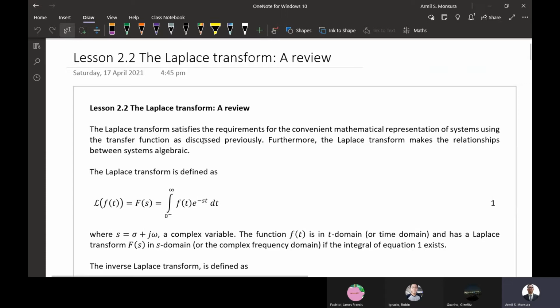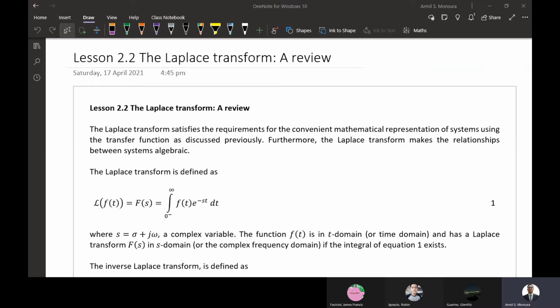Okay, in fact, ang transfer function nyo is actually a model of your system specified in Laplace transform. Okay? So that is why kailangan natin pag-usapan muna yung Laplace transform. But this is just a review of the topic since supposedly dinaanan nyo na ito sa advanced engineering mathematics niyo.